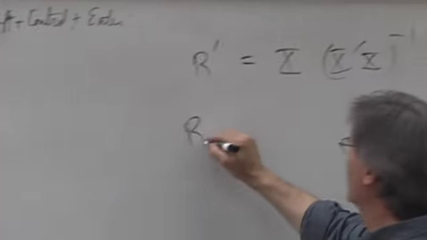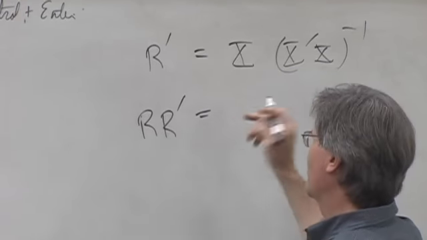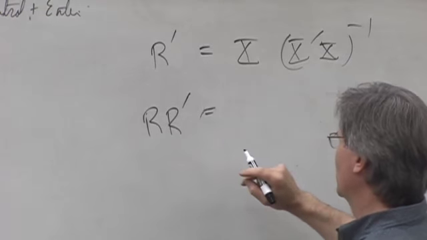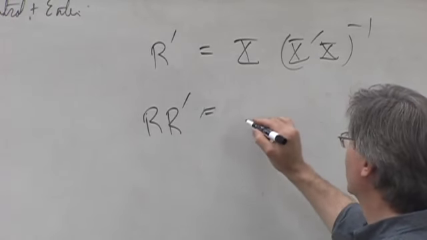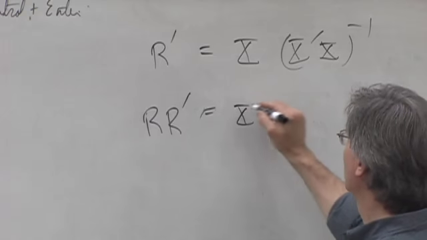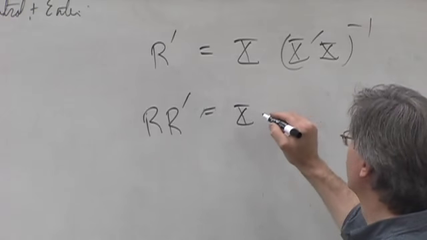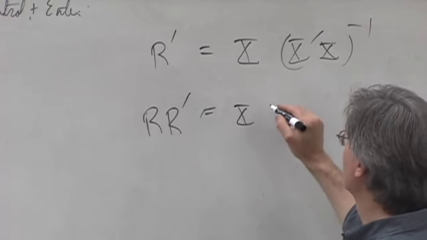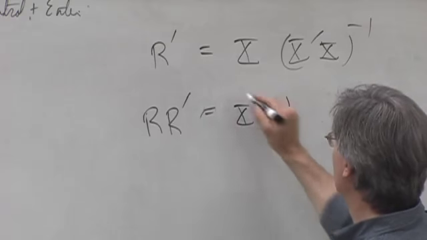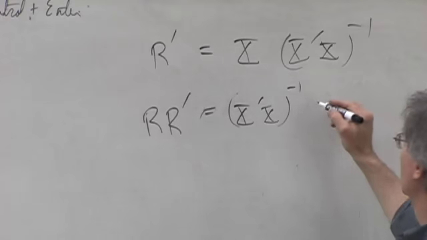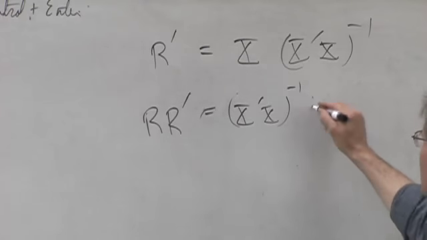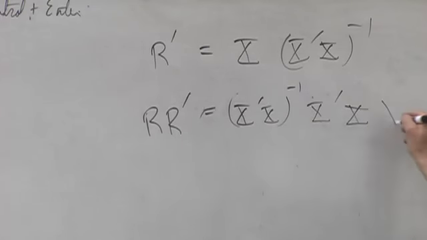Okay, it's just a matter of where you put the primes to define this R matrix, and it's a little bit arbitrary, but this comes out to be then X prime X inverse times X prime X times X prime X inverse, which comes out to be the C matrix.